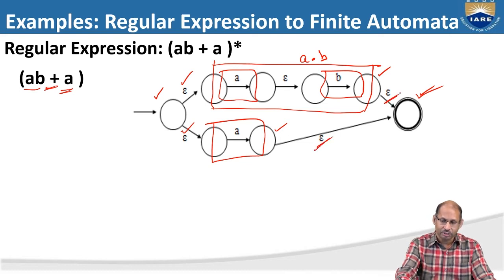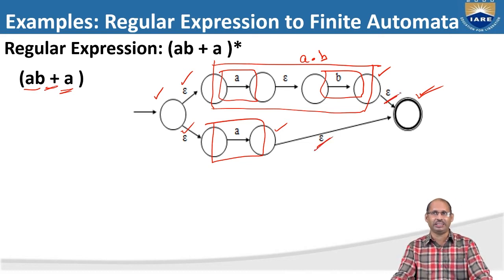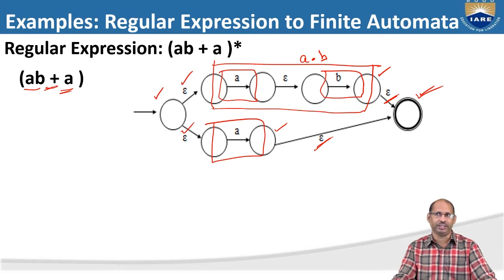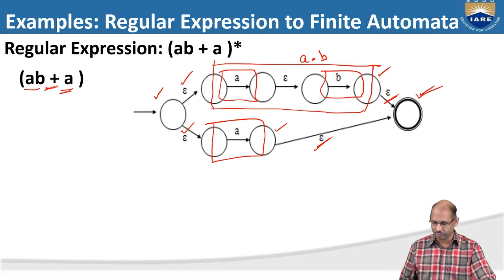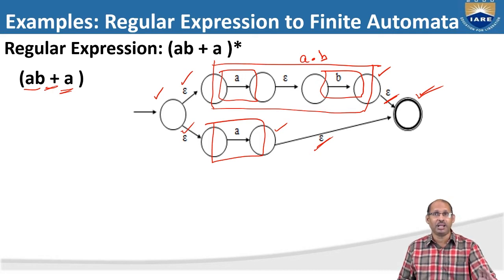So we add 4 epsilon transitions to make this AB plus A. Now we have constructed AB plus A.